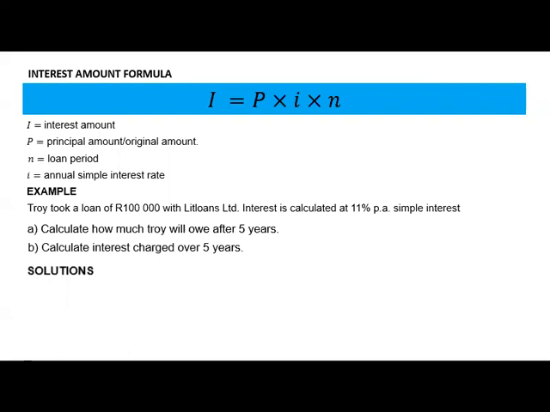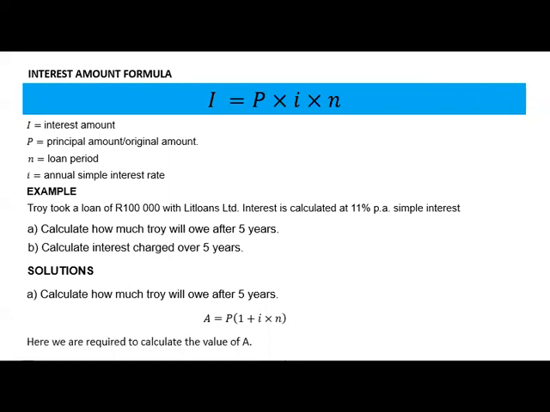So when we calculate how much Troy will owe after 5 years, we are looking for A. We will use this formula because it told you that interest is on simple interest. We do have the principal amount, the original amount of the loan, which is 100,000. And we do have i, your interest rate of 11%, and n will be 5 years, which is the period of the loan.